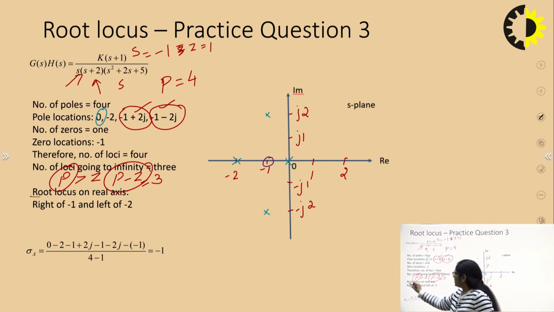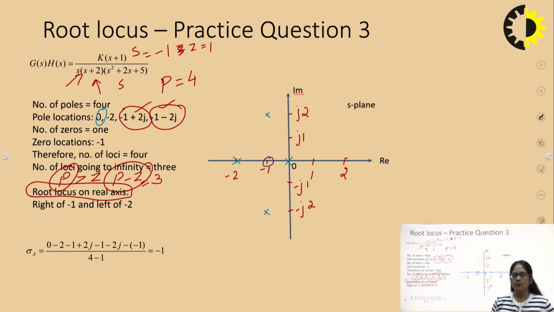Now to know which part of the real axis is part of the root locus, this entire x-axis is the real axis. To the right of this, we don't have any poles and zeros.